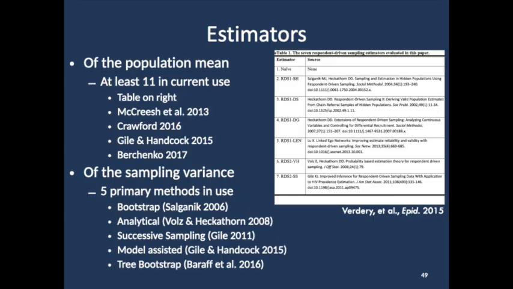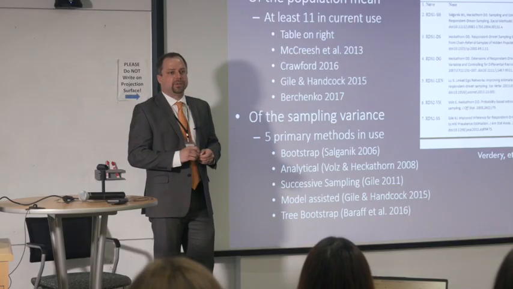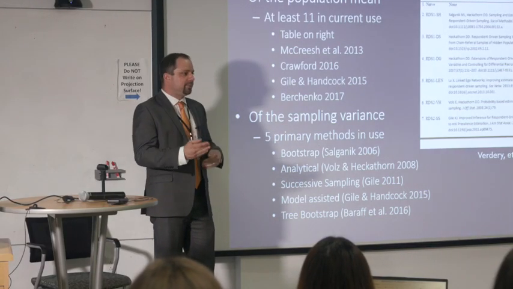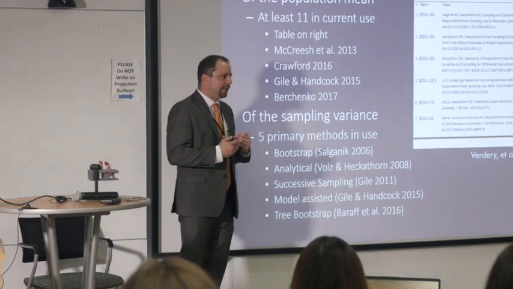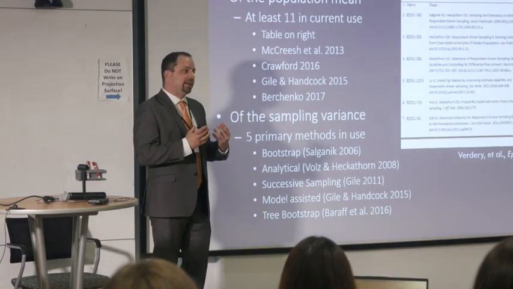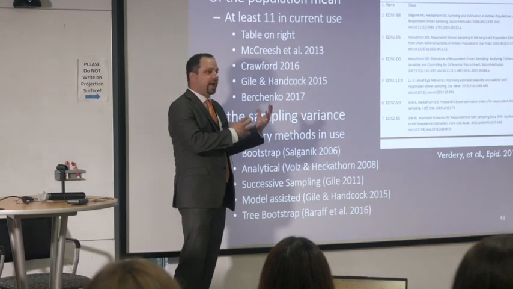I mentioned earlier there are a lot of estimators for RDS. At least 11 are in current use, and there are some newer ones proposed as well. These estimators make different assumptions about the social network, different assumptions about the recruitment process and related activities, and they tend to perform better when those assumptions are not violated.